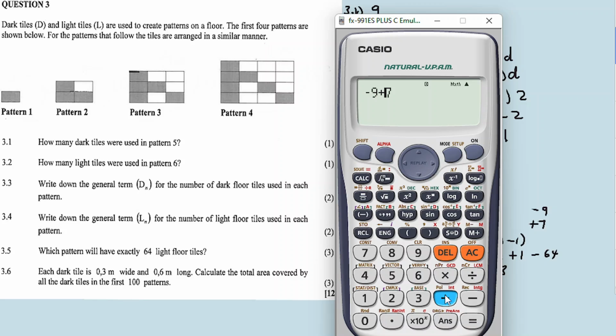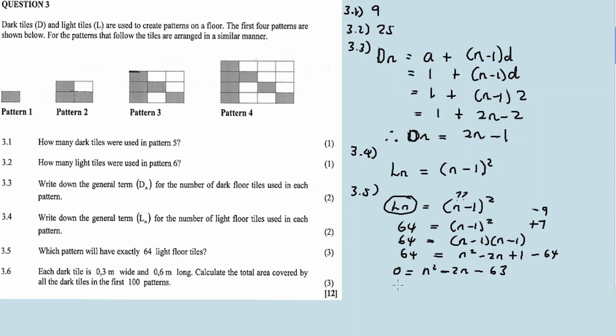The very same numbers, when I add, must give me negative 2. So yep, that is our answer. So n minus 9, n plus 7, right? And then n is equal to 9 or n is equal to negative 7.